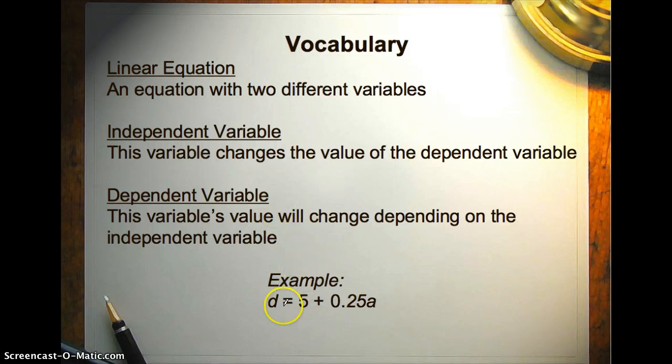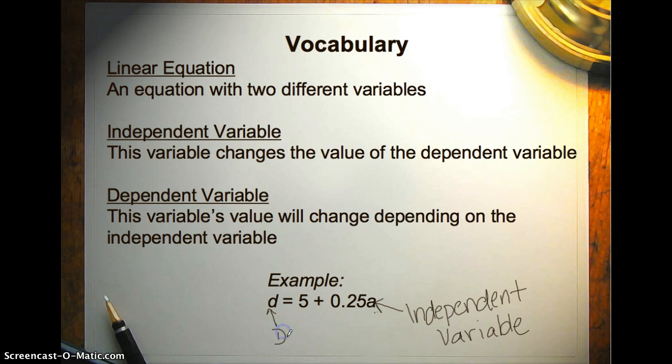Here's an example. Here we have a linear equation because they have 2 different variables. And so here is our independent variable. Please write this down. Depending on what this variable is, it changes the dependent variable.